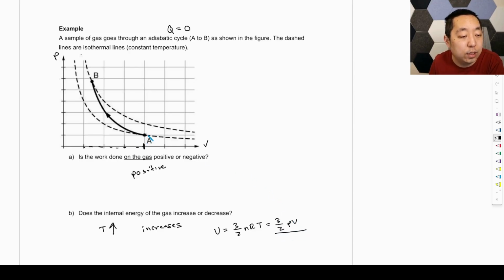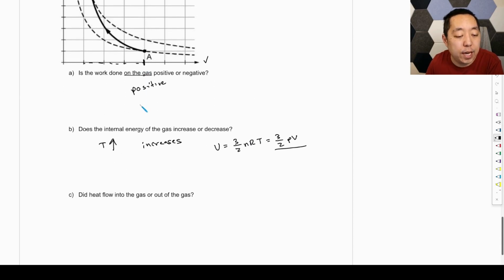And you look at the product of the pressure and volume, it's greater here than it is here. You don't have any numbers to prove that out, which is why it's not as good of a method. But you can see that because they give you the constant temperature lines here, these are higher temperatures. Why do I know they're higher temperatures? Because you move up. If the product of PV increases, then the temperature has to increase, right?